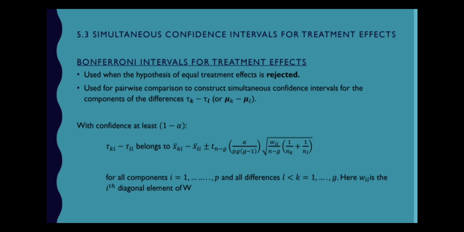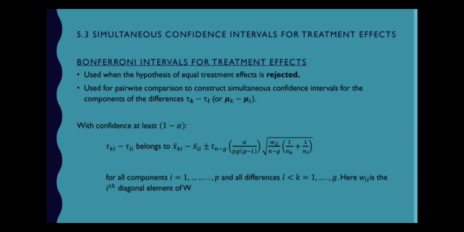So let's say here, kita nak compare tadi between the first population and second population. For first variable, so kat sini will be W11. Divide dengan N minus G, total of sample size minus dengan G, which is the treatment involved ataupun how many population involved.